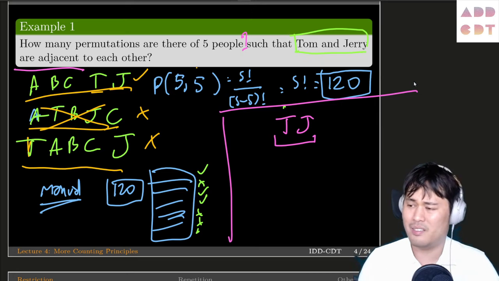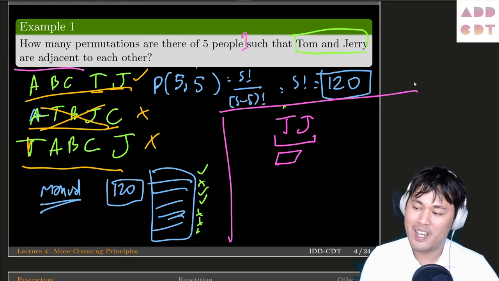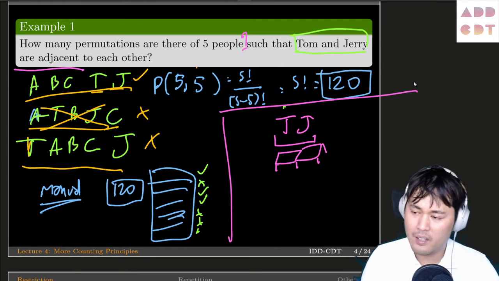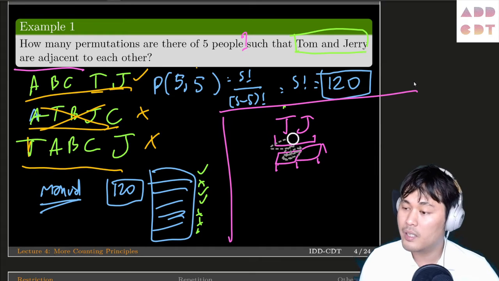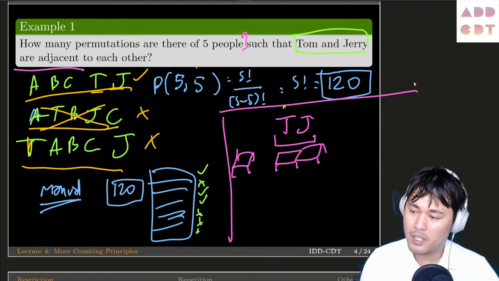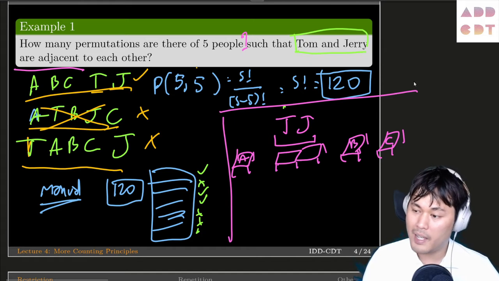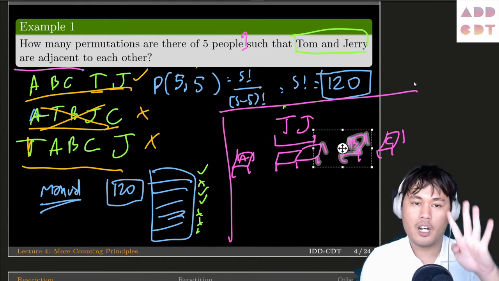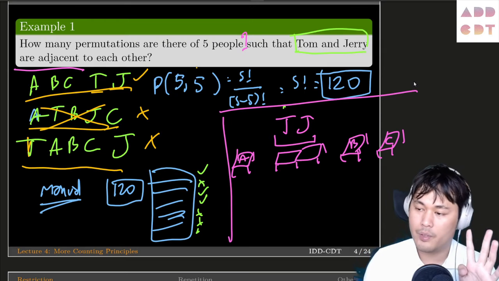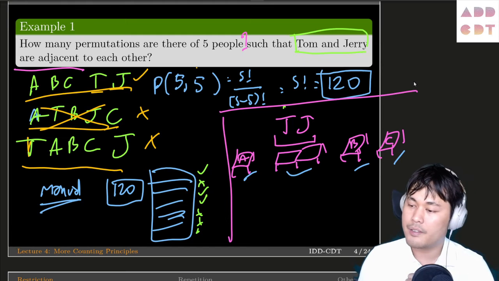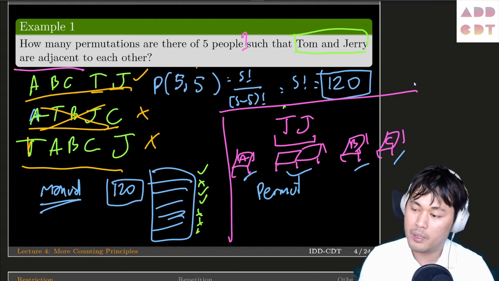Or if it is harder to think about people, then you reserve 2 chairs and put them together as one single chair, so that Tom and Jerry will sit on either of these chairs, and then you have a chair for A, for B, for C. Now this becomes a problem of permuting 4 objects: a chair for A, for B, for C, and for Tom and Jerry. So here we find the permutation of 4 objects.